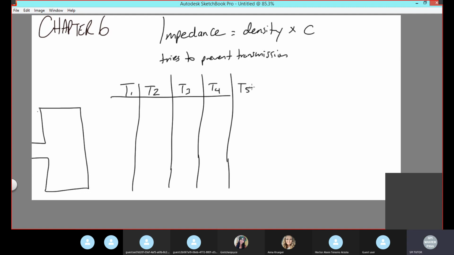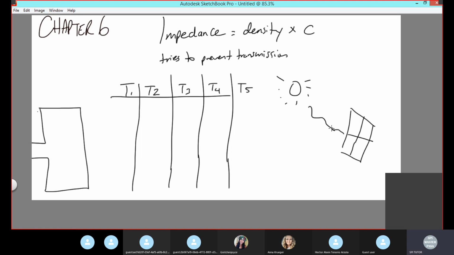So impedance tries to prevent transmission, okay? It is like the blackout curtains, all right? When you use blackout curtains, what is the purpose of blackout curtains? To prevent the sun from getting inside your room. That is transmission, okay? The sun over here has the sunlight, and then here's your window, okay?